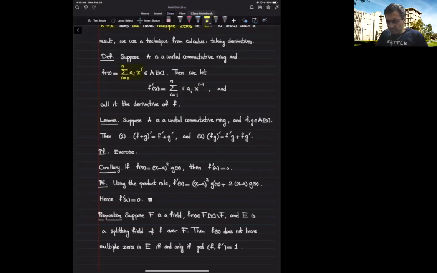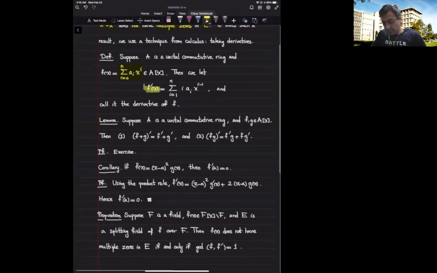And remember, we often prefer to not make a bound for n. We can write it as the sum for i goes from 0 to infinity of a sub i x to the power i. Then the derivative of this polynomial is nothing but i a sub i x to the power i minus 1. And sometimes it is useful to write it in a way that the index doesn't start from 1 but rather 0.